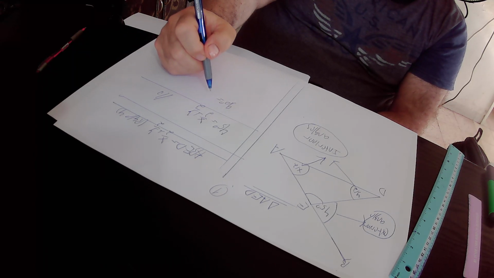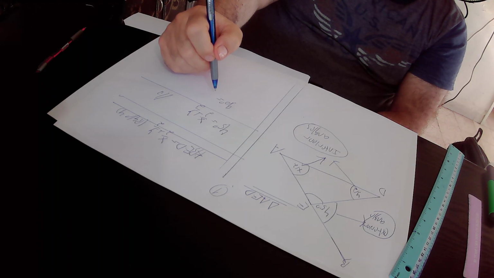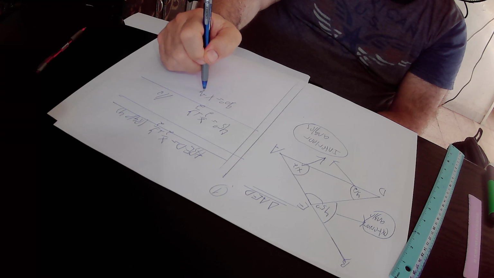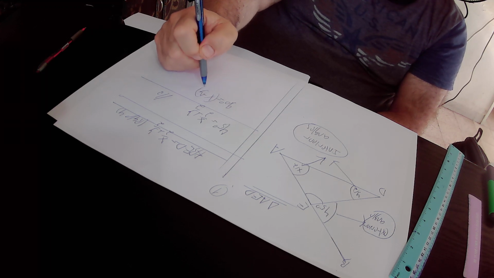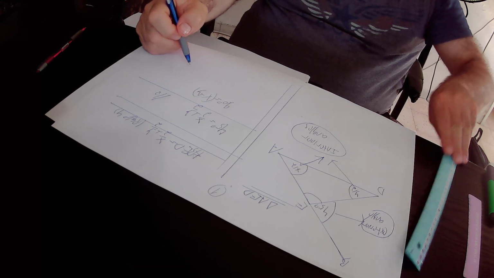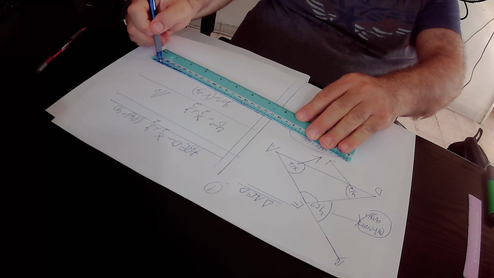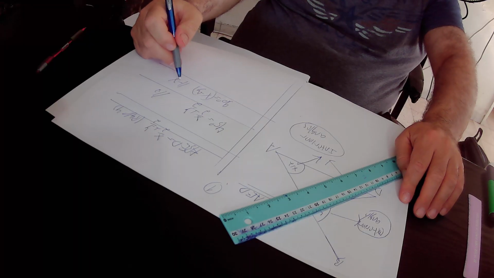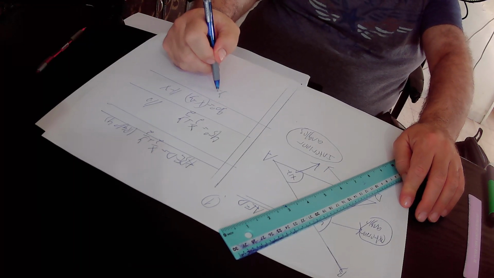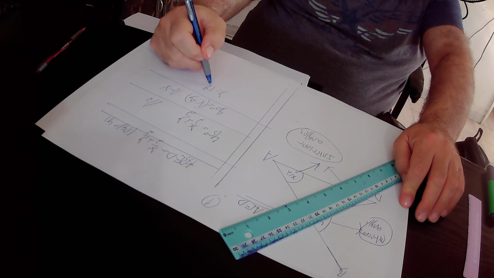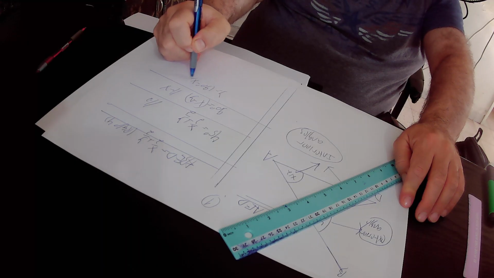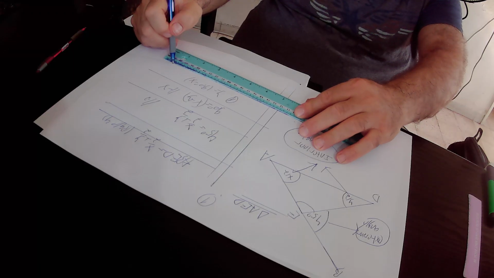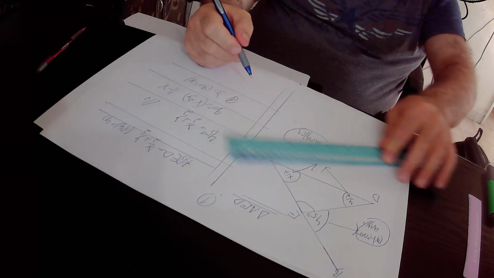So 90 degrees equals x over 2 times 2, which is x, and y over 2 times 2, which is y. So x plus y equals 90 degrees. Here we subtract x from this equation and we get that angle y equals 90 degrees minus x. So according to equation 1, angle y equals 90 degrees minus x.